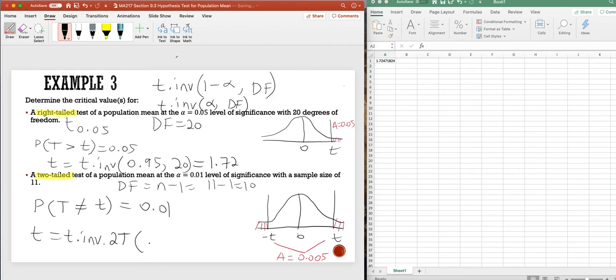So alpha is 1%, so 0.01, and the degree of freedom we just had was 10, in order for us to get both of these values of t.